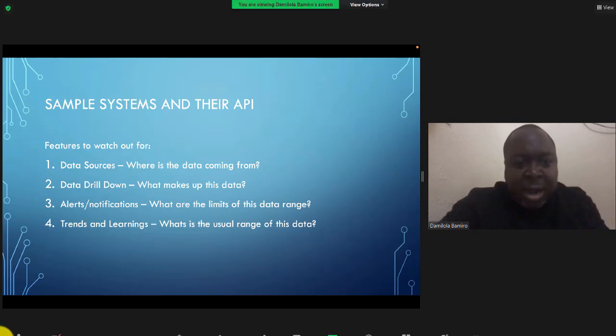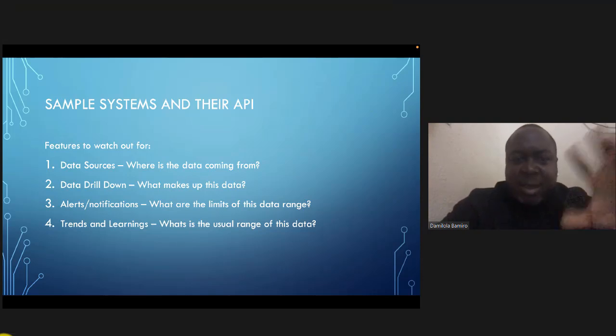As we go along with it, you will see. Then there's the alerts and notifications. If anything goes off, you should be able to be alerted. You should be able to say, well, this data should normally exist between this range and that range. If something goes off, I want to know about it. The system should be able to tell me about it.